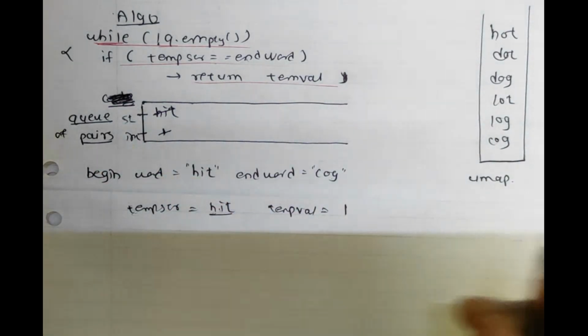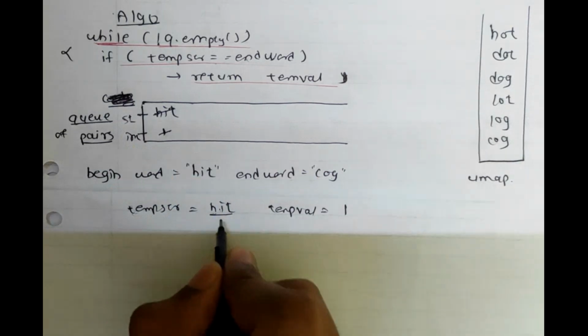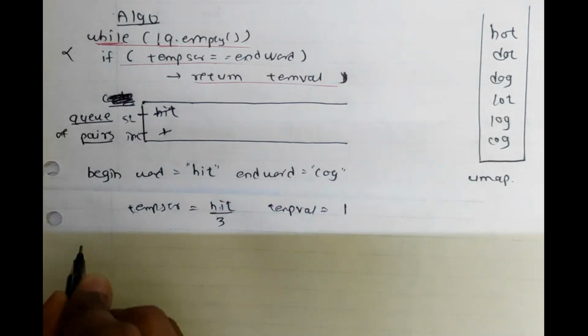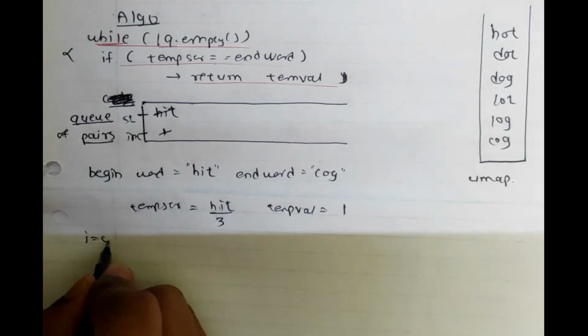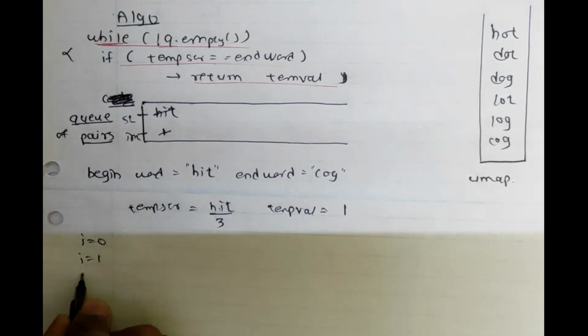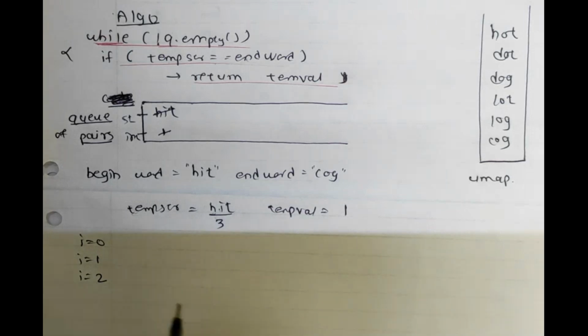For the further code, we will take temp str, and the size of temp str is 3. So for i equals 0, i equals 1, i equals 2.